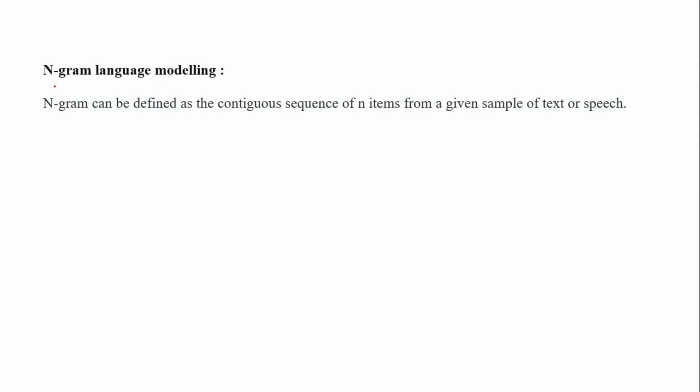Now let us go into Ngram language modeling. This is an example of a statistical language model, the first type of language model, and the second type is the neural language model. Let us discuss Ngram language modeling. We can define an Ngram as a contiguous sequence of n items from a given sample of text or speech.